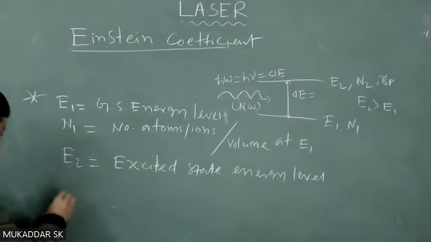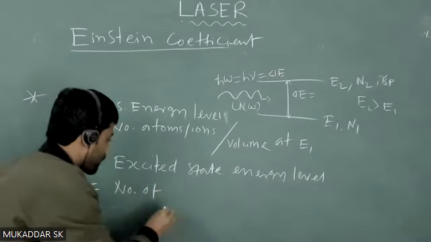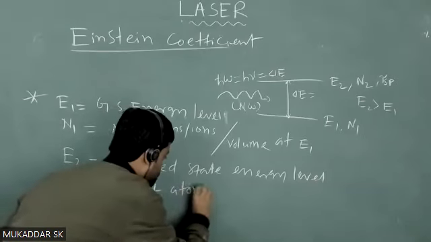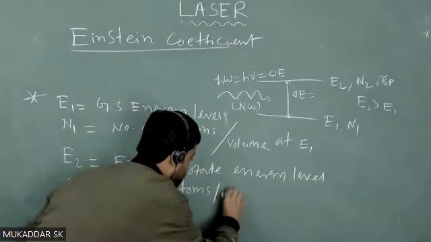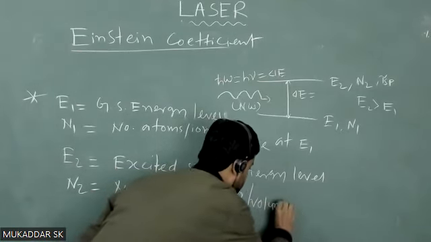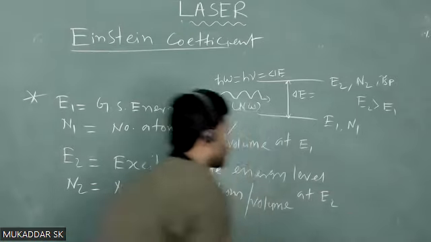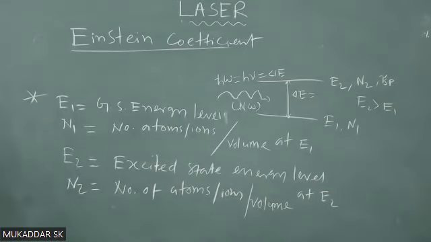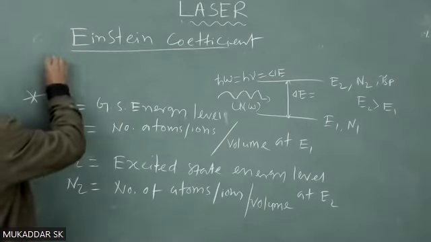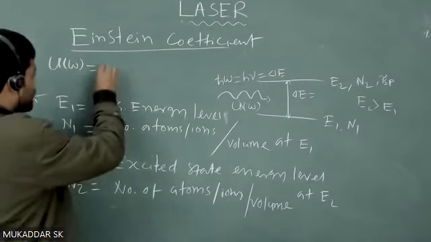Okay, and N2 is what? The number of atoms or ions per unit volume at level E2. Then you have U of omega. What is U of omega?